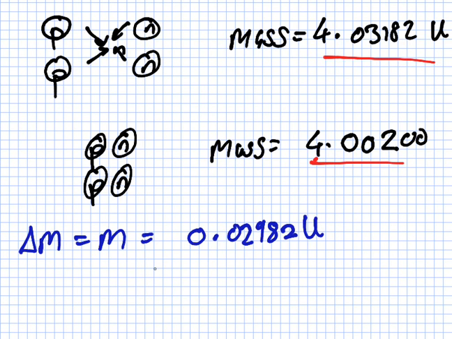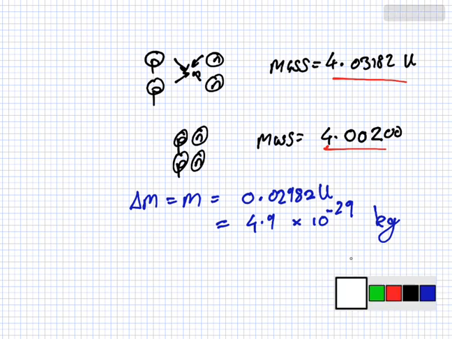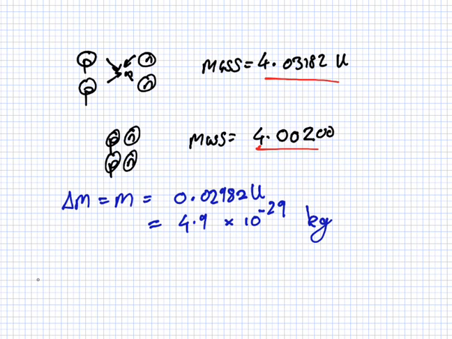Yes. Okay. So on your calculator, can you give this to me in kilograms, please, using your constant u? Go on, Neil. Don't just sit there. 10 to the minus 29. Okay. So now we can calculate the binding energy.